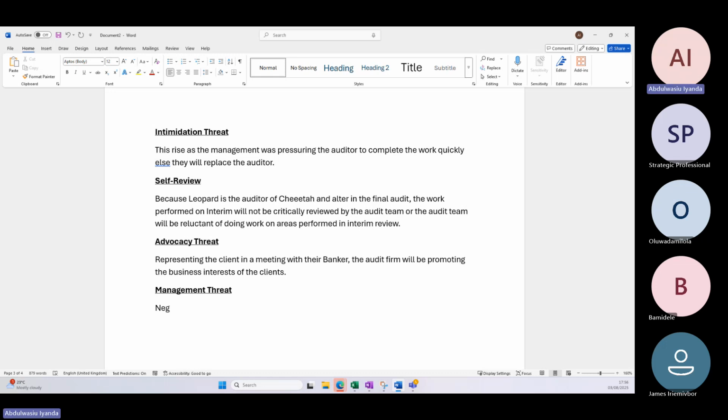Negotiating. I don't know why they want us to be there. Negotiating a bank loan. See what is the management responsibility.